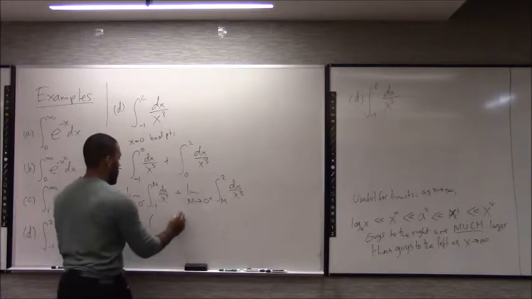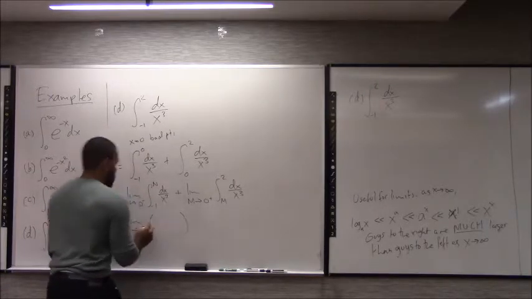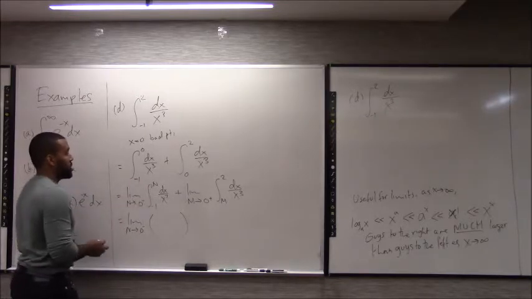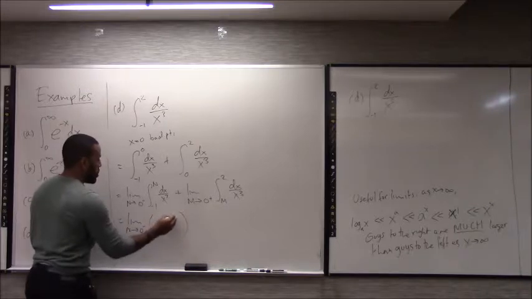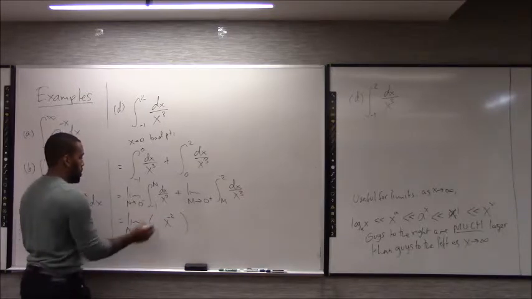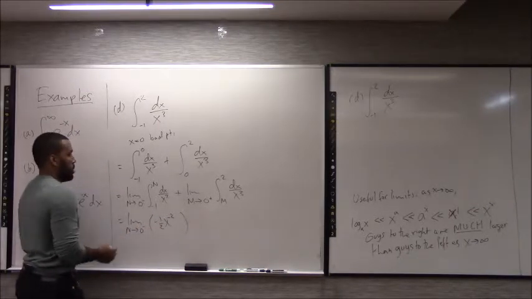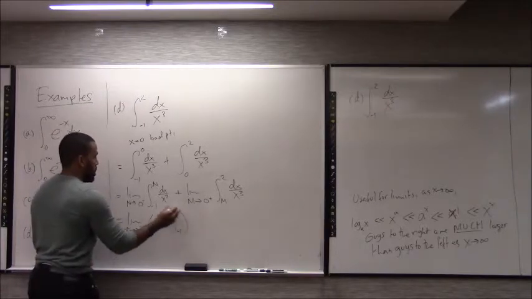Here we're going to have, well, this is x to the minus 3. The antiderivative of that, I'm going to add 1 to the power and divide by the new power. And then I'm going to take 1 and n.